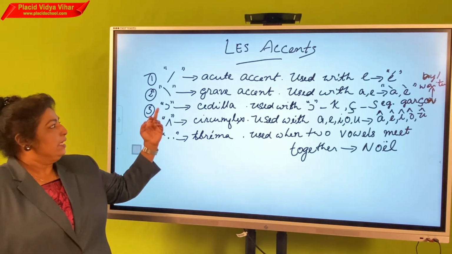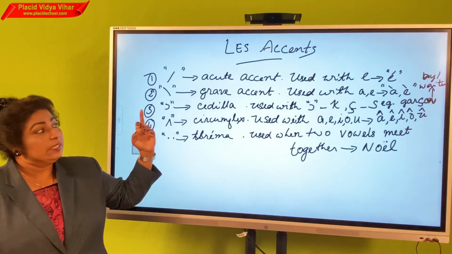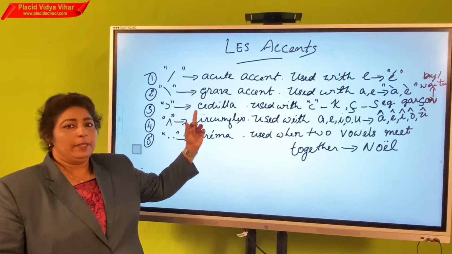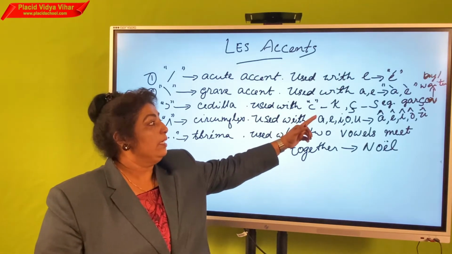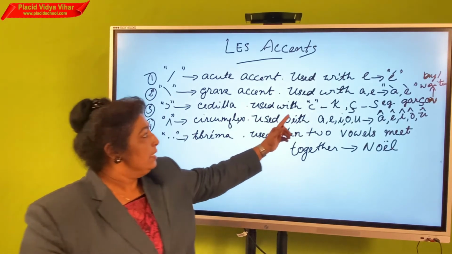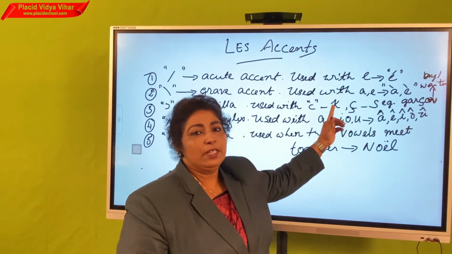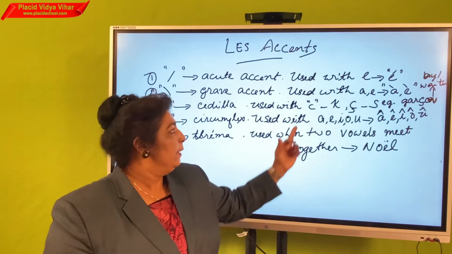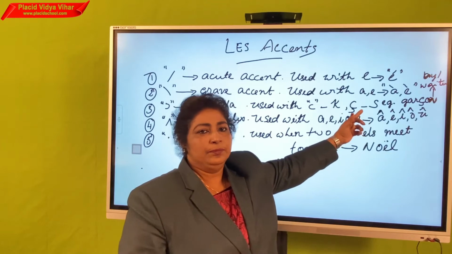And this cedilla is used only with C, to get the S pronunciation. Without this cedilla, C is pronounced as Ka. For example, car, C-A-R, has a sound as Ka. So when you put the cedilla, it is pronounced as S.